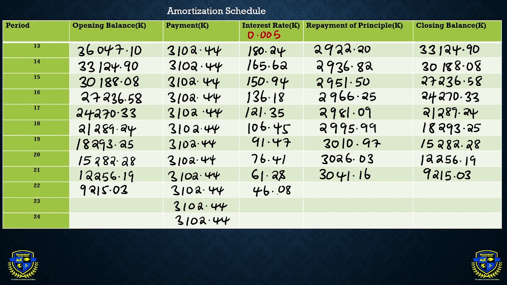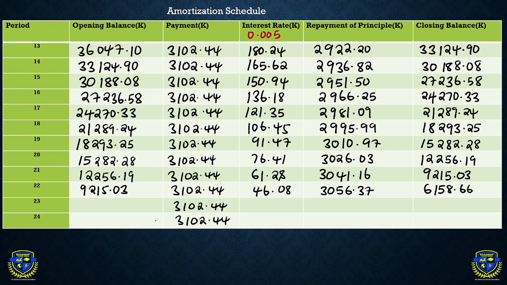Okay, subtracting 46.08 from the 3,102.44, we are going to have a 3,056.37. Okay, so subtracting this from the opening balance, which is 9,215.03, we're going to have a 6,158.66.